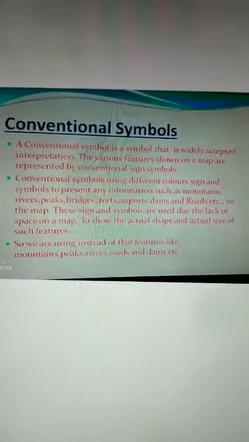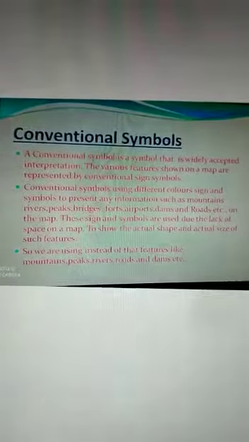Conventional symbols use different colors, signs and symbols to present information such as mountains, rivers, peaks, bridges, forts, airports, dams and roads, etc. on the map.